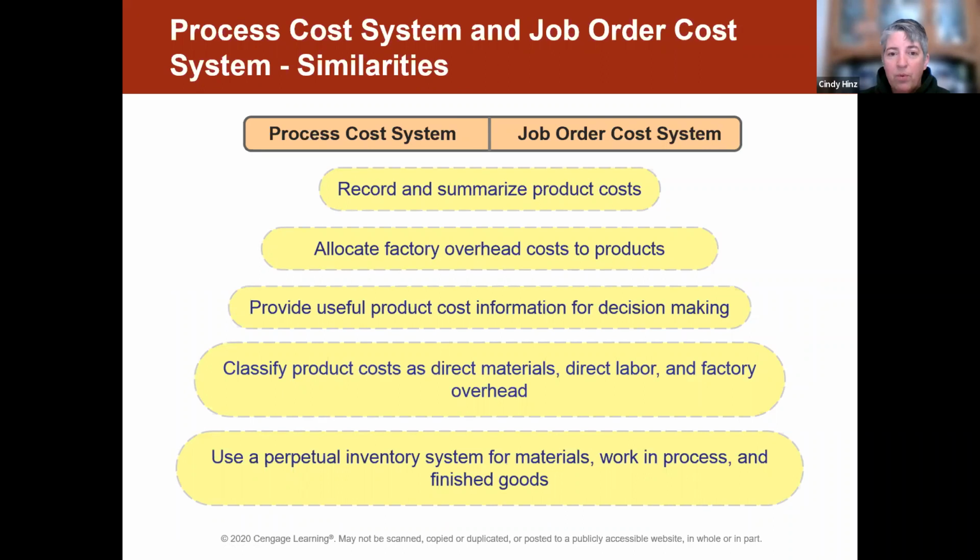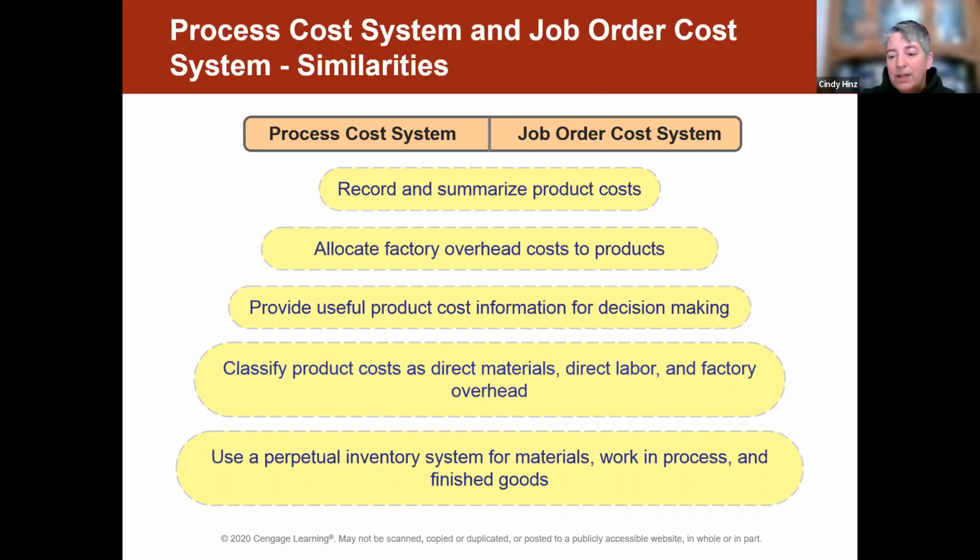Under both of them, we're going to be recording our costs, eventually calculating unit costs for our product, being able to report out how much we spent to make that product, and then compare it to how much revenue we received, to do that kind of analysis, to prepare our financial statements.